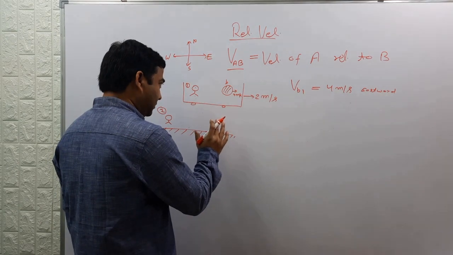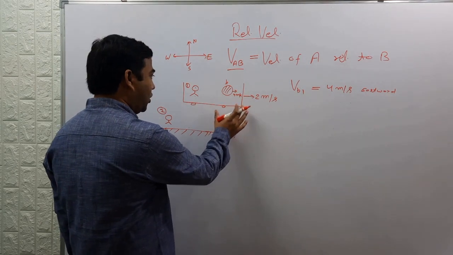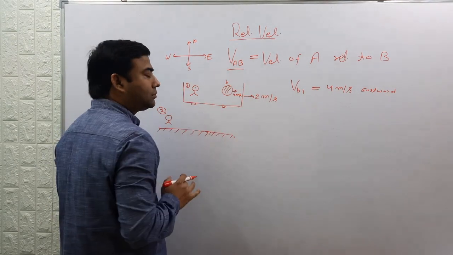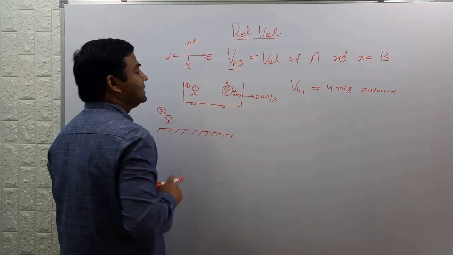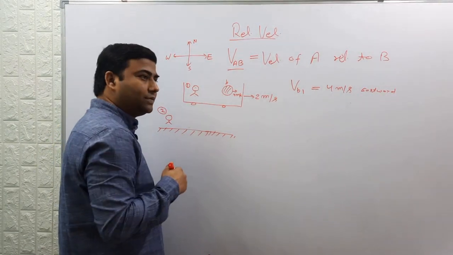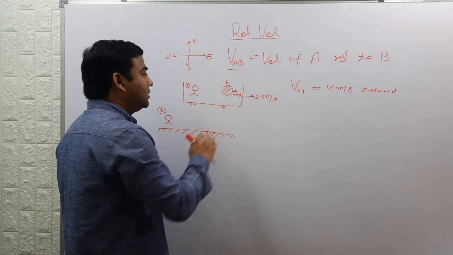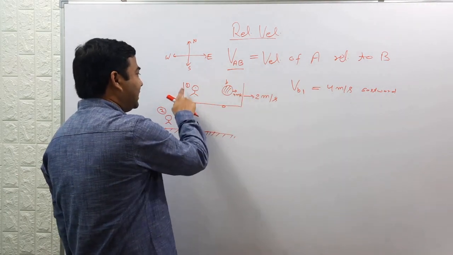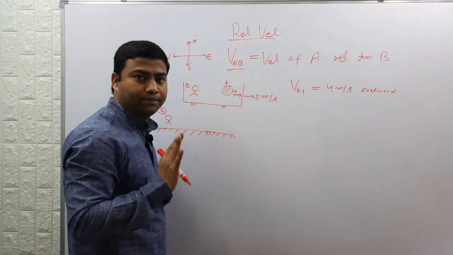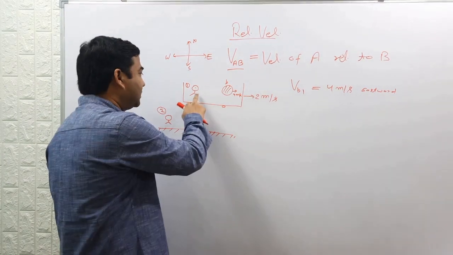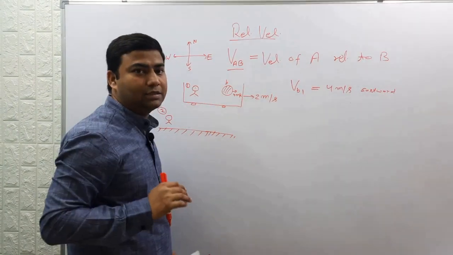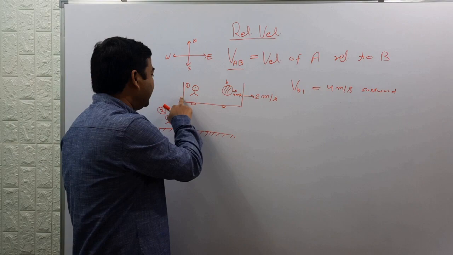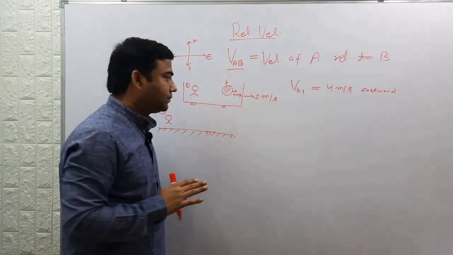Similarly, the velocity of this cart where this observer is sitting. This observer is sitting inside this cart, so the velocity of cart and observer 1 will be the same. We will assume this observer is sitting inside the cart stationary. So this observer and cart are moving with the same velocity.